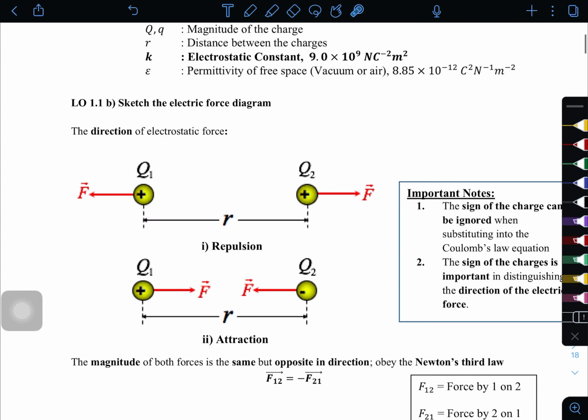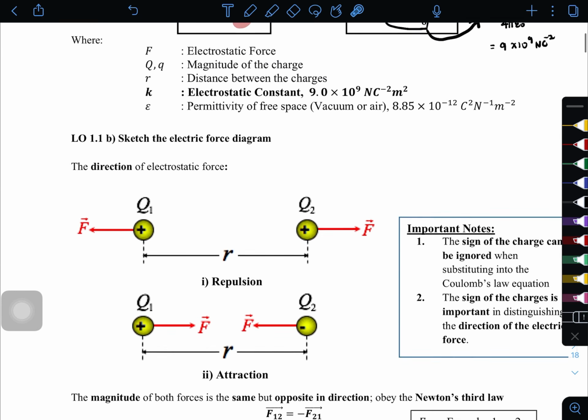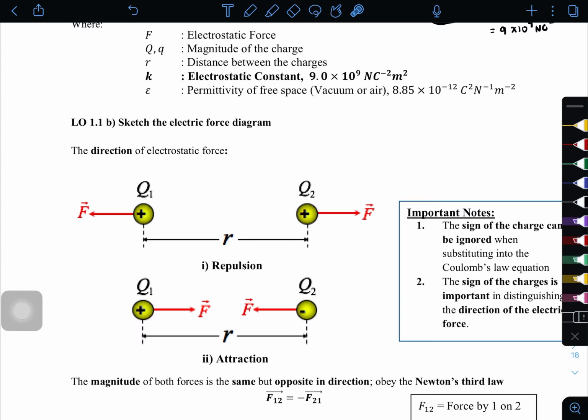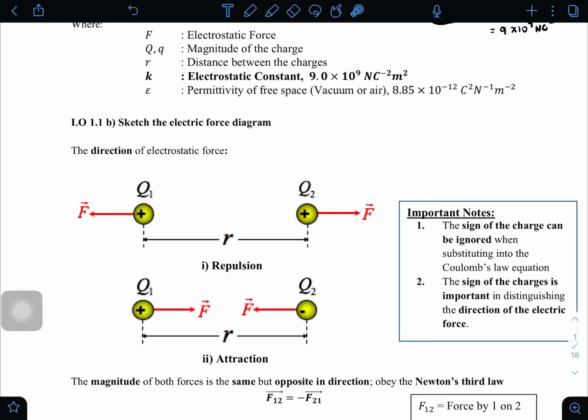The next learning objective says that you need to know how to sketch the electric force diagram. Earlier we learned what Coulomb's law is. Now, Coulomb's law is based on electric force. Force, as the name says, we know force is a vector.